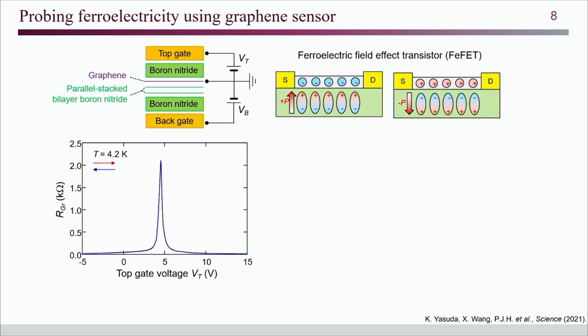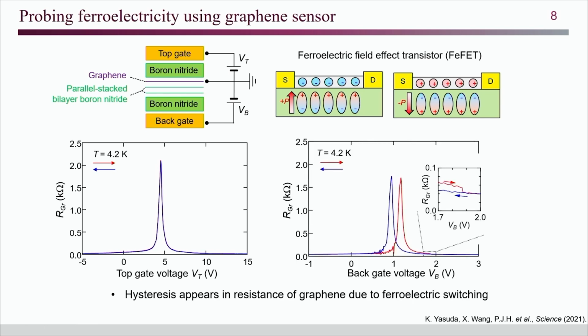First, we scan the top gate, and we see a single resistance peak in the graphene. This corresponds to the Dirac point in graphene, which is typical behavior. Very interestingly, when we scan the bottom gate in the forward direction, we see a single resistance peak. When we scan in the backward direction, we also see a resistance peak, but these two have a clear shift.